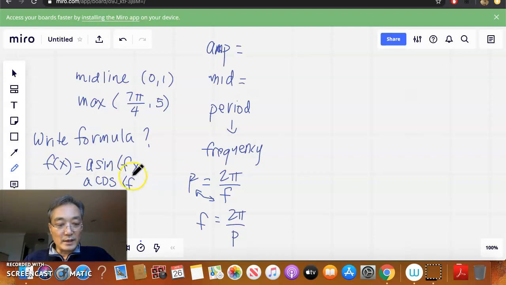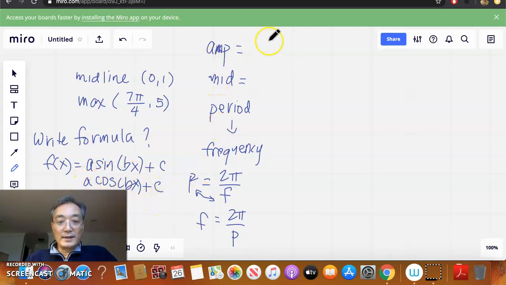I'm going to give the frequency a different letter, because f represents the function. So let me call the frequency b, b of x, like that. And then, of course, we have our midline, and I'm going to call the midline c, like this. A cosine bx plus c.